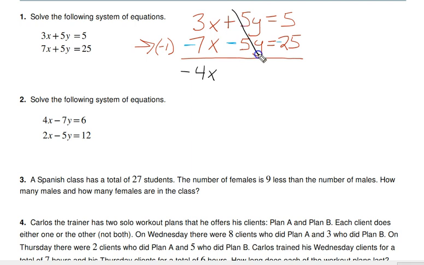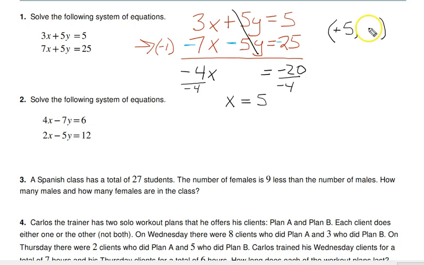Here these cancel out, and this will be a negative 20. So now, to solve for the letter x, I'm going to divide this by a negative 4, this by a negative 4, and I get x equals a positive 5. So I have one member of my ordered pair now, as x is a positive 5.